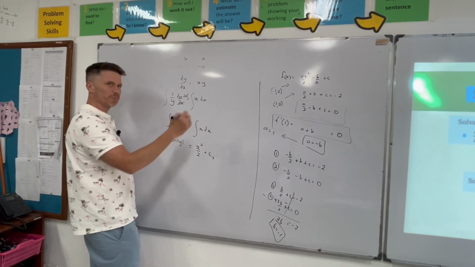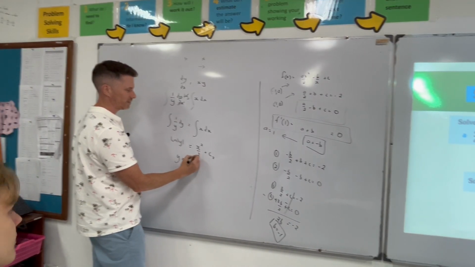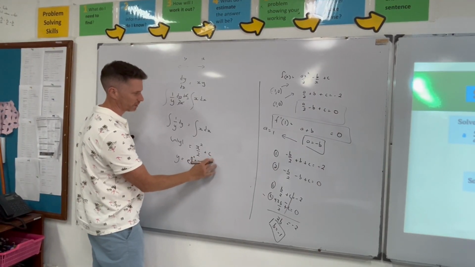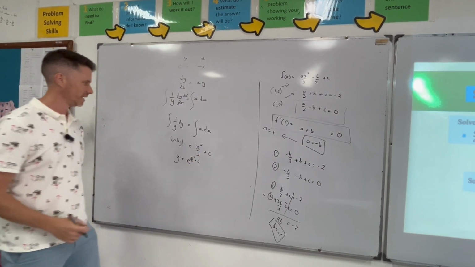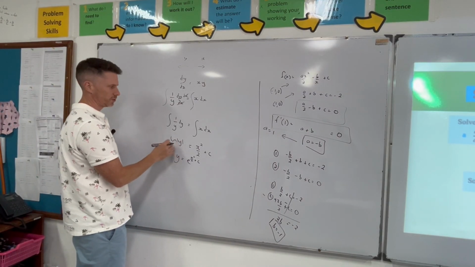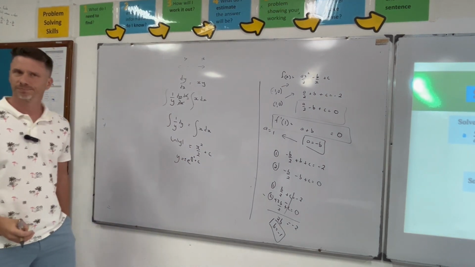So if I raise both sides to the power of e, I end up with y equals e to the x squared over 2 plus c. Well, we're not calling it c2, just c. But we're undoing this absolute value, so technically it could be plus or minus.